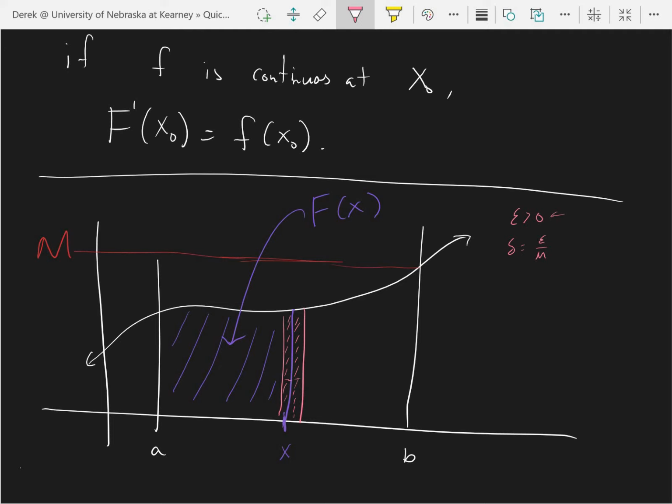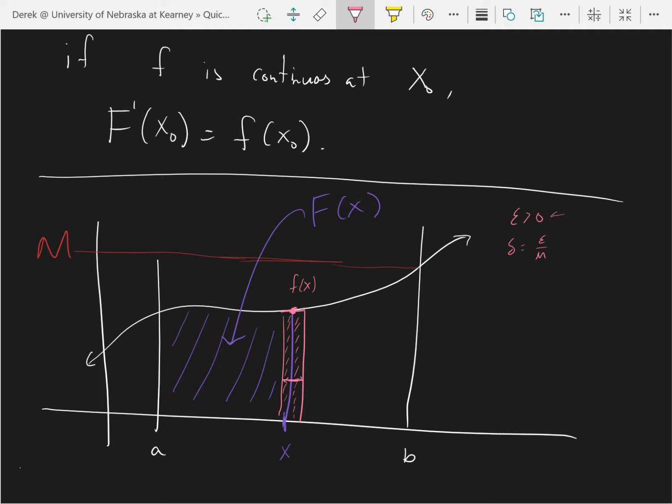Differentiability is about how much exactly does it change. This changes as the width of this pink rectangle gets smaller. The change divided by the width of the rectangle gets closer and closer to this value f of x when f is continuous there, right?